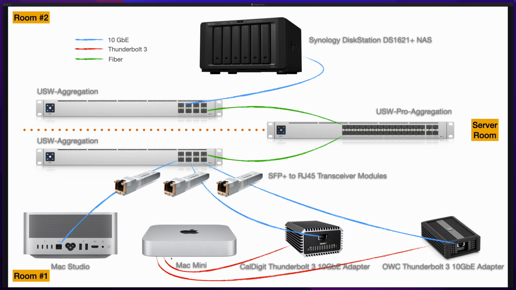The Mac Mini first connects to the 2 external adapters using Thunderbolt cables, and then the 2 external adapters are connected to the switch using Ethernet cables. Because the switch only supports SFP+, to connect to the RJ45 ports I use 3 transceiver modules. They won't impact performance. On the server side, I have a Synology NAS connected.